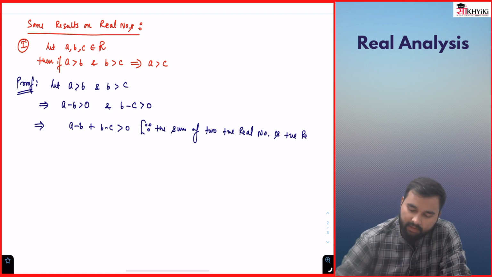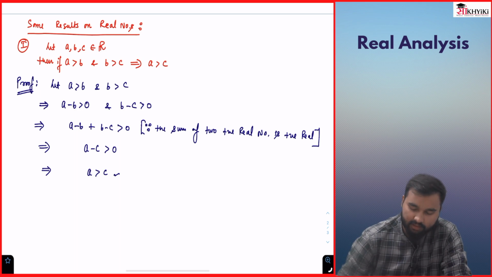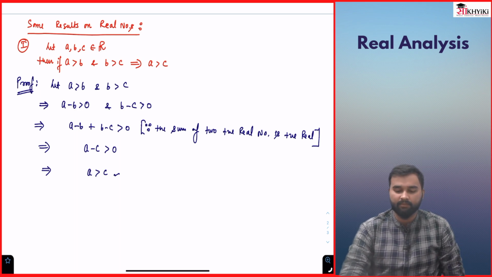From here, a minus c is greater than 0, and this implies a must be greater than c.